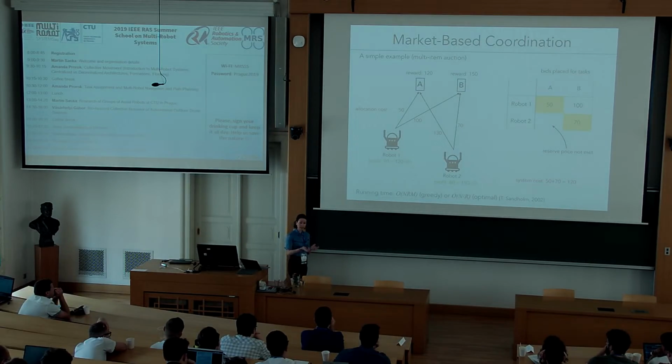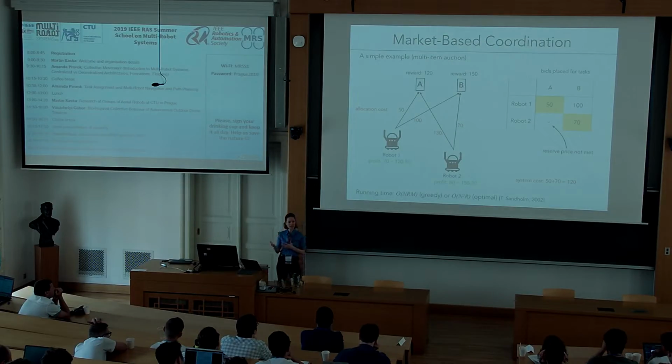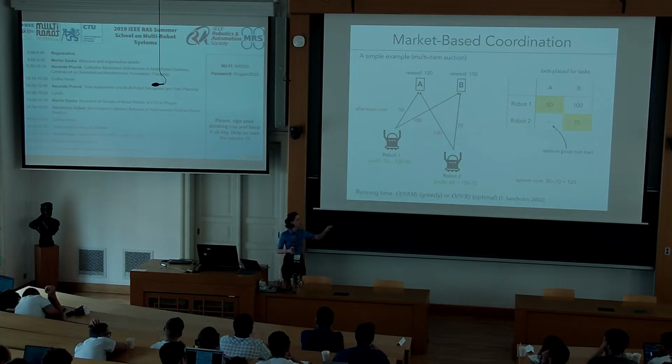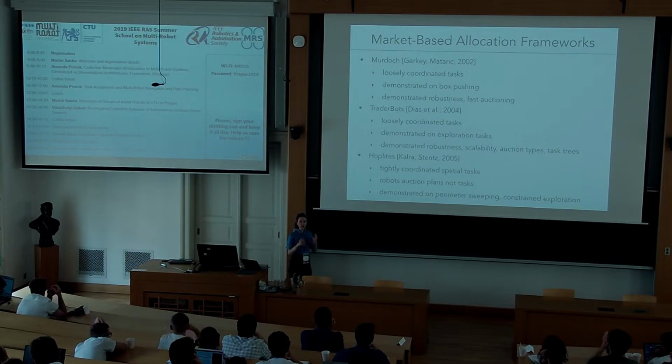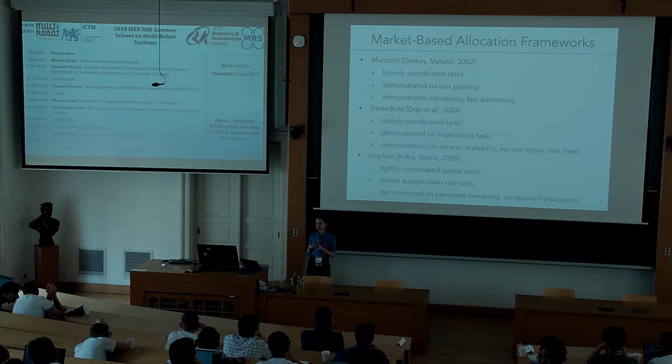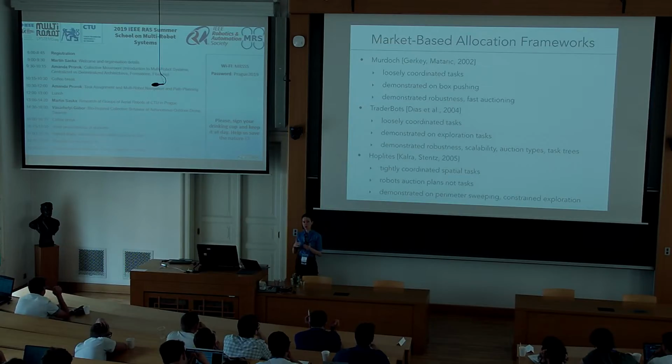And the actual assignment algorithm, which is done by the auctioneer, is arbitrary, so you can choose whatever you want. You can use the Hungarian algorithm, or you can use greedy algorithms, and the complexity of the solution will essentially depend on what assignment algorithm you use under the hood. So market-based allocation frameworks are, at least this is the way I view them, a wrapper framework around different assignment methods and different architectures by which you can implement communication mechanisms amongst robots and centralized elements in the system.